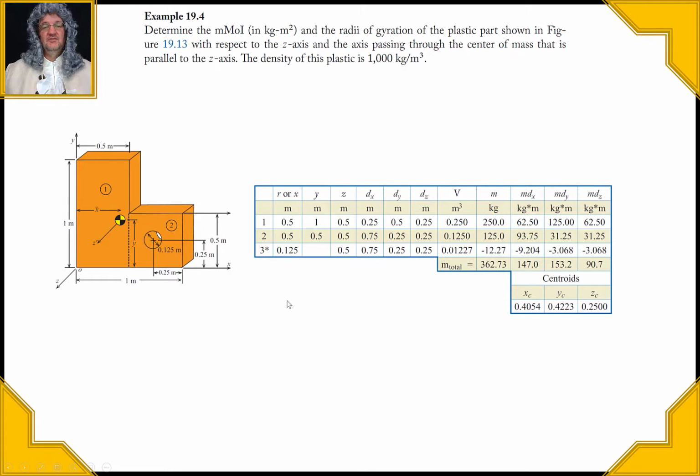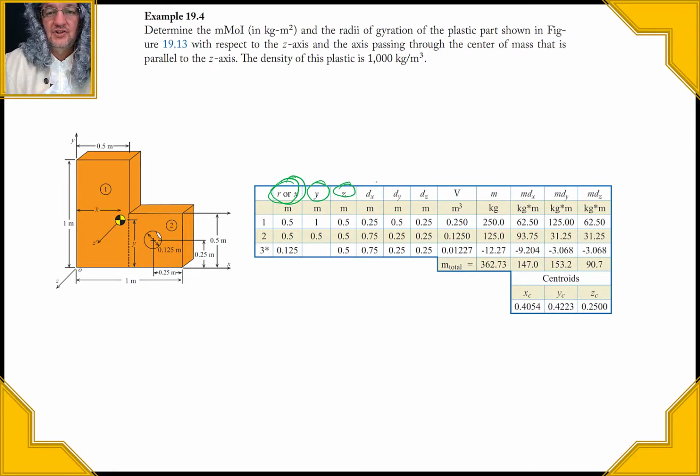All right, so this lends itself to doing it in a table, right? Where I have the position in the x direction, I have the dimension in the x direction, either the radius or the x dimension. That's what I decided to use here, just to keep it the same. I have the y dimension and then the z dimension.